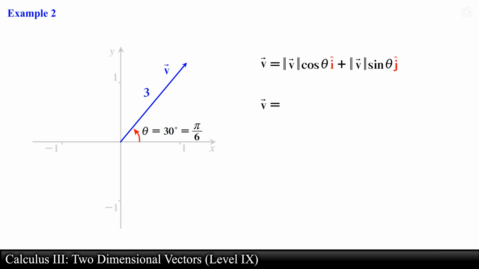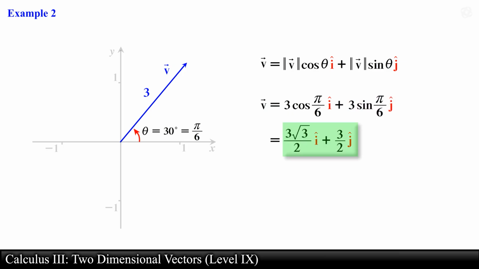To write vector v as a linear combination of the standard unit vectors i hat and j hat, we simply take the magnitude of vector v, in this case 3, and multiply it by cosine of pi over 6 to obtain the horizontal or i hat direction, and multiply 3 by sine of pi over 6 to obtain the vertical or j hat direction. Simplifying the expression, we obtain the following. 3 times the square root of 3 over 2 i hat plus 3 over 2 j hat.